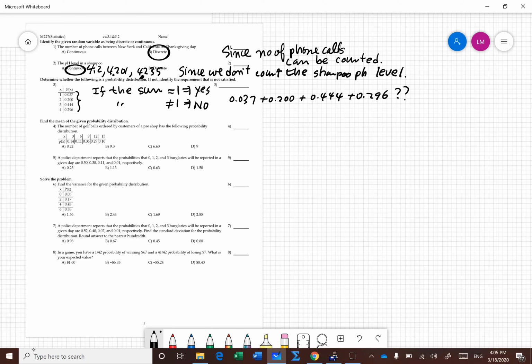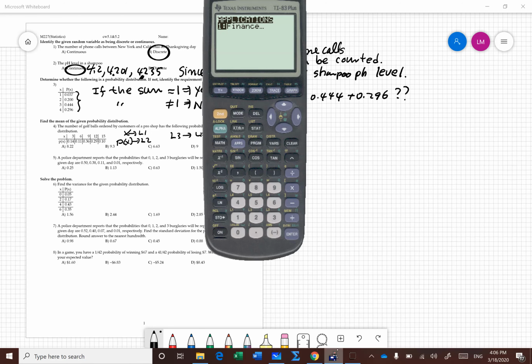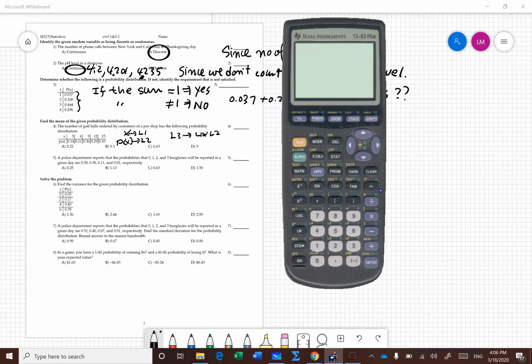Next one, they are asking for the mean. So for the mean, you put all the x's in L1, P of x in L2. In L3, you put L1 times L2, and then you add the numbers in L3. Let me show you on the calculator. Hit stats.